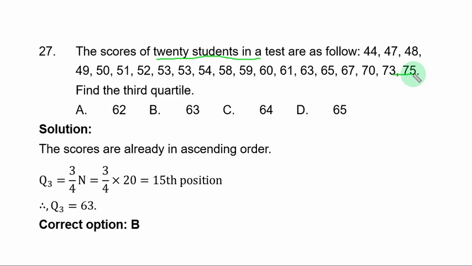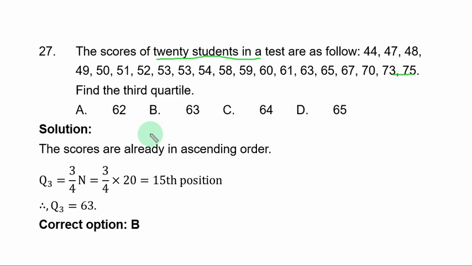The scores are already arranged in ascending order, so that saves all the stress of doing arrangement. Now quartile is the division of any distribution into 4 equal parts. So the third quartile is 3/4 of the total number.